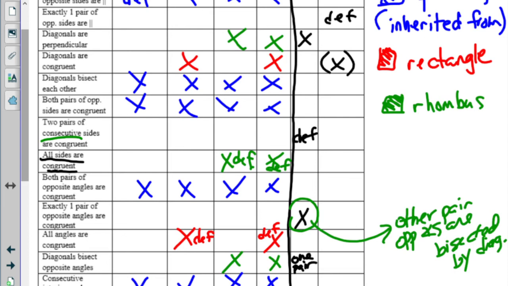So we have all these things that are true, and when we get into more specific shapes, those things are still going to be true about those more specific shapes. Anything that's true about a parallelogram is going to be true about a rectangle, because a rectangle is a more specific kind of parallelogram.